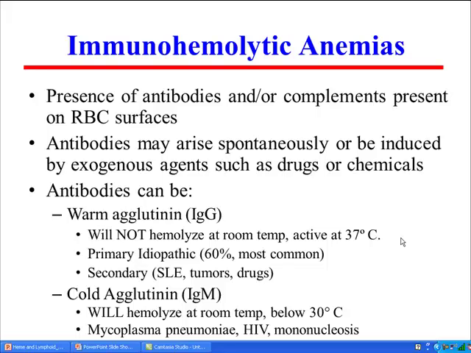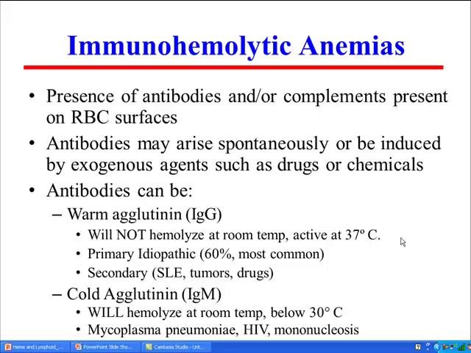In 60% of the cases, the cause is idiopathic, and in about 25% of the cases, it's caused by an underlying disease affecting the immune system, such as lupus, or if the patient has tumors or is induced by certain drugs.